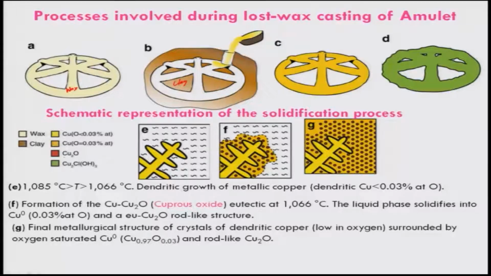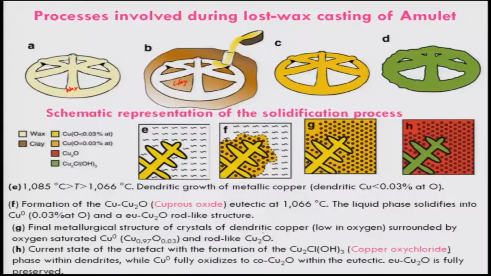If you look, the red one is the cuprous oxide, and this yellow one is basically the saturated copper. As a result, they get rod like structures of cuprous oxide also, and finally that is what is the artifact which is 6000 years old.